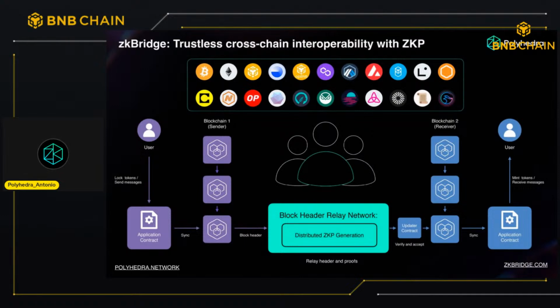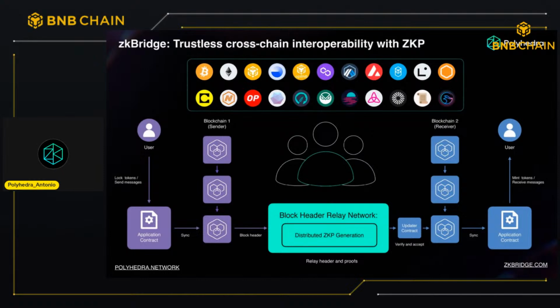So today the topic of the hackathon we are offering as a sponsored track is to build a ZK light client for BNB chain. And this is one of the reasons why we need it.